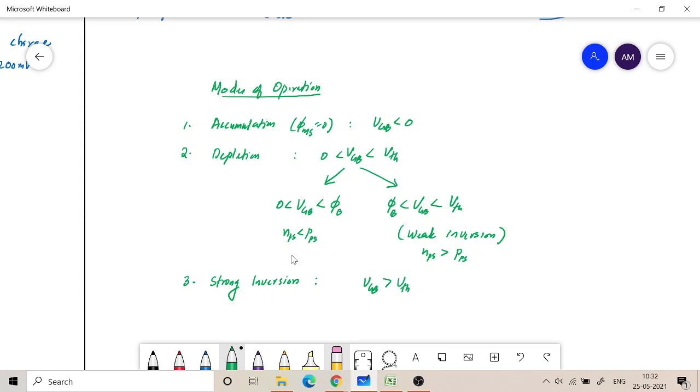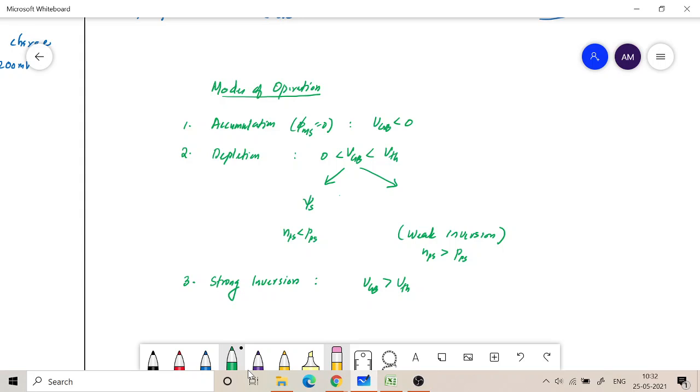Now I can say this relationship again in a different way. I think I have made a mistake. VGB is correct, but these two categories are better expressed in terms of psi S. If I write, you will understand.